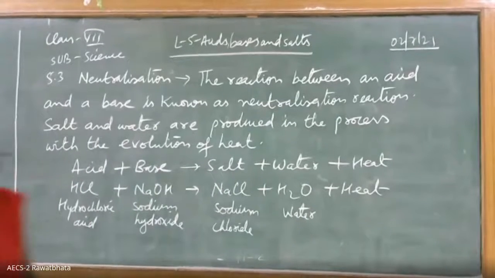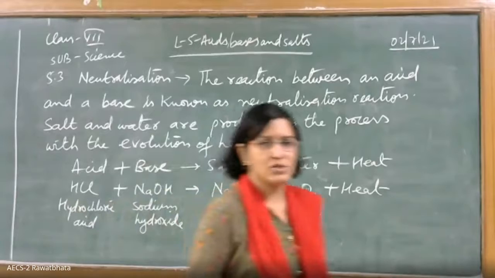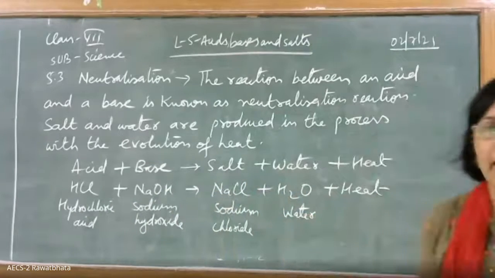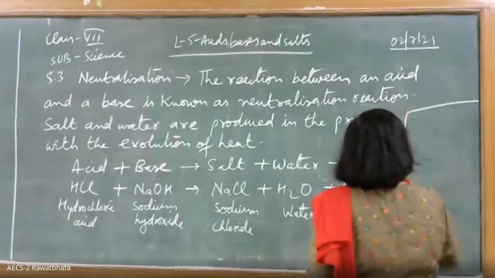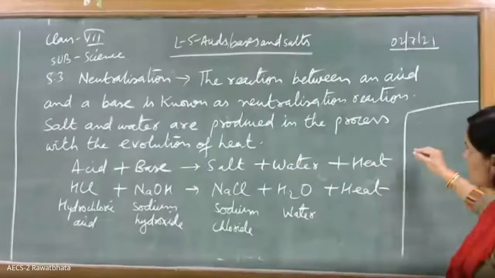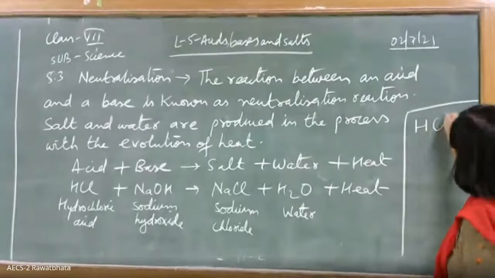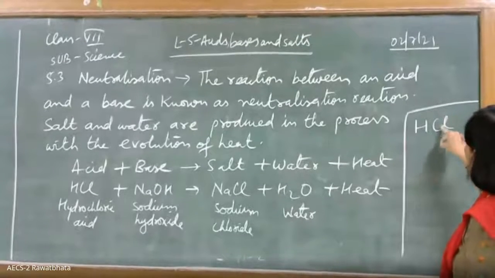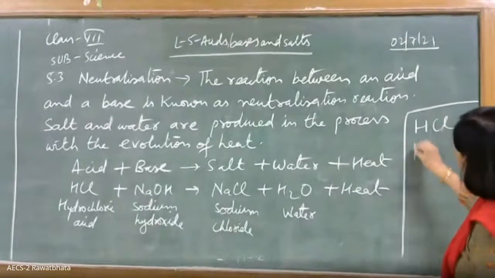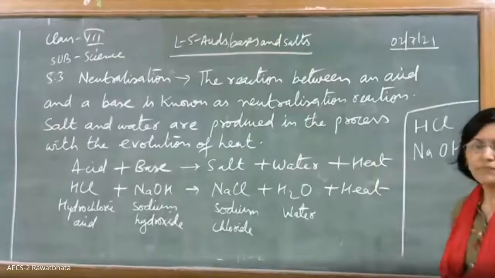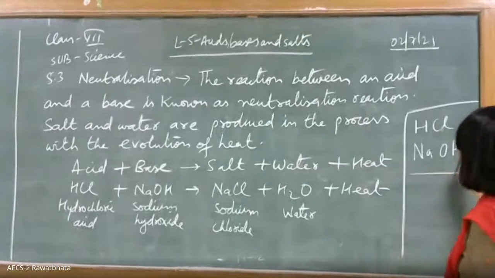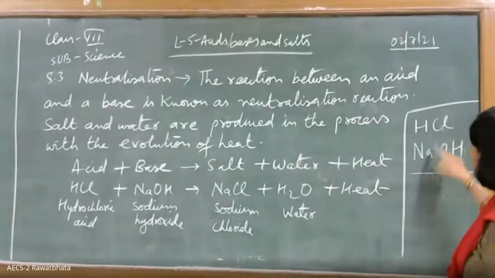Identify the kind of salt formed. See, let me tell you, this actually will be there in your higher classes. It's very simple to find out the formula. Here I am putting it in graph. See, the acid you have taken up is HCl, hydrochloric acid. Right? And you have taken up the base as NaOH. The formula of salt will be beginning with base and ending with this one.